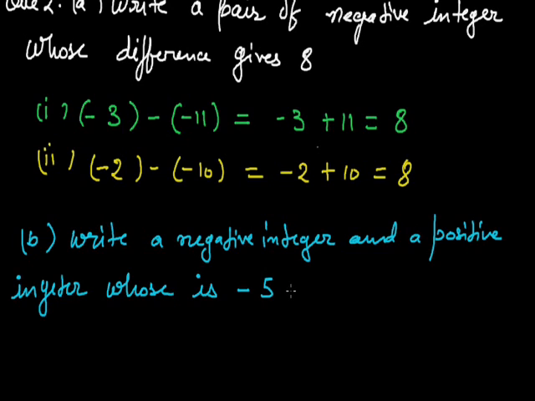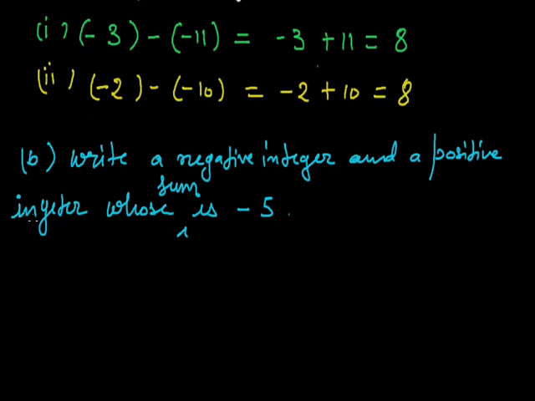So you have to choose a negative integer and a positive integer whose sum is -5. So you can choose a pair -6. This is the negative integer and you have to find the sum with it. So you can take +1, which will give you -5.